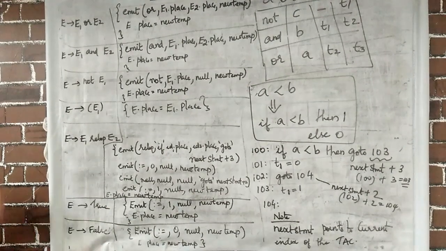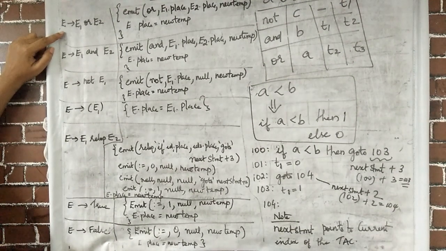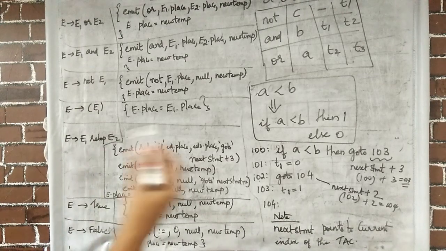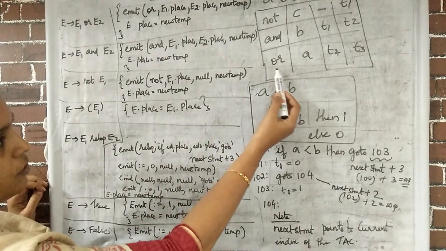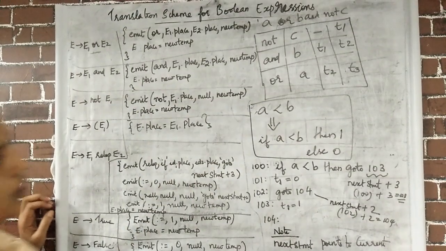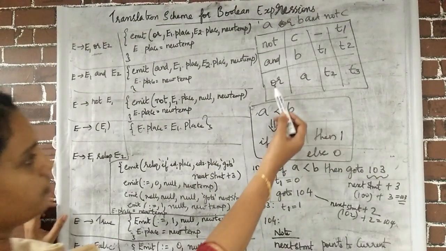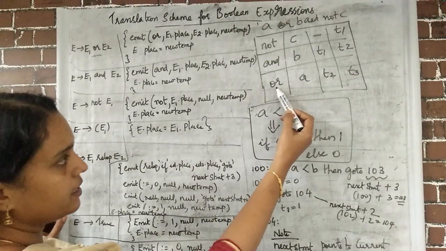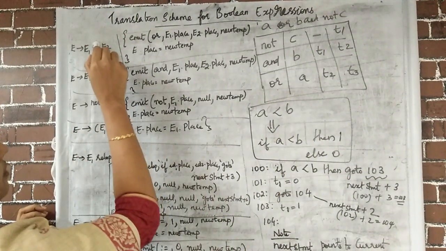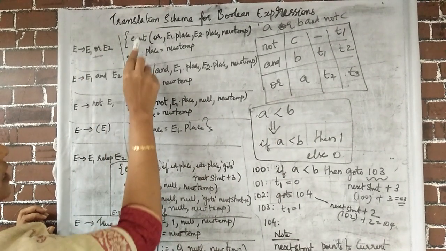Considering the production rule E produces E1 or E2, this is an expression which involves the OR operation. The corresponding quadruple will consist of an operator, so we have to use the emit function.